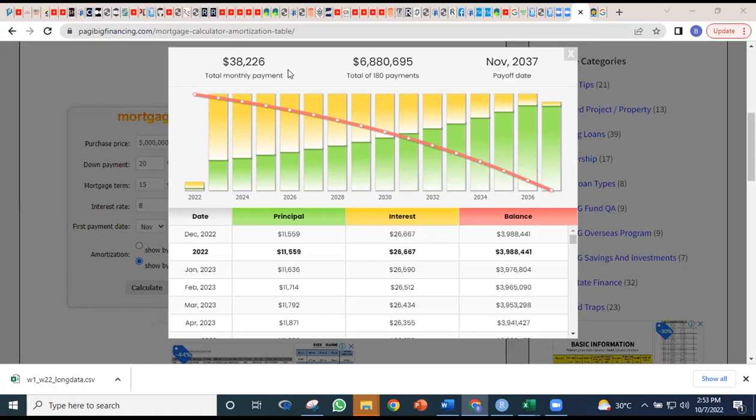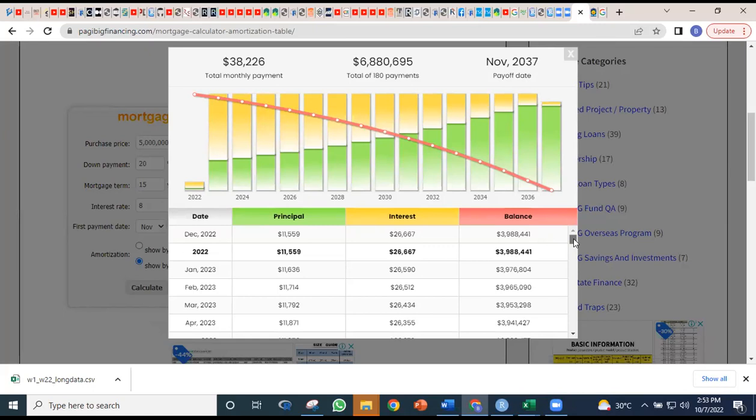Since every month we pay this for 15 years, that's 180 months, it is considered an annuity. All in all, if you add all the payments, of course this violates the time value of money, but it's okay. We just want to get the absolute value of the amount that we paid in nominal terms. So that's 6,880,695. And then the payoff date: by November 2037, you should have paid off your loan.